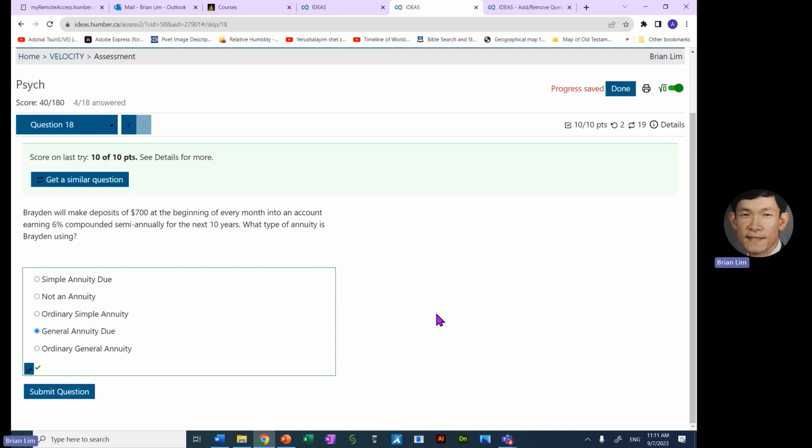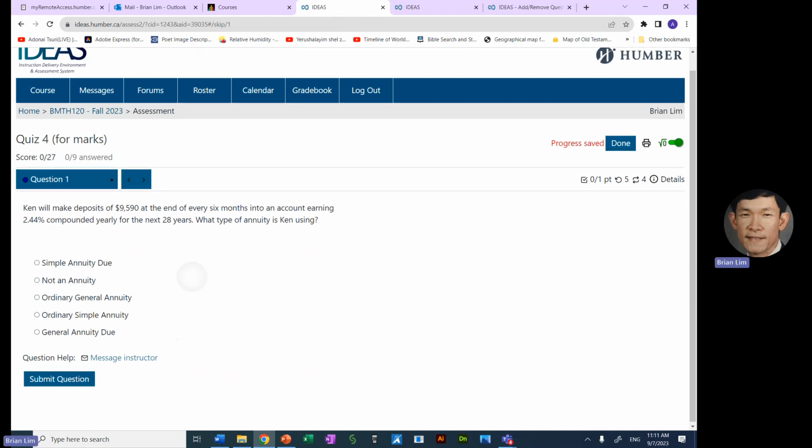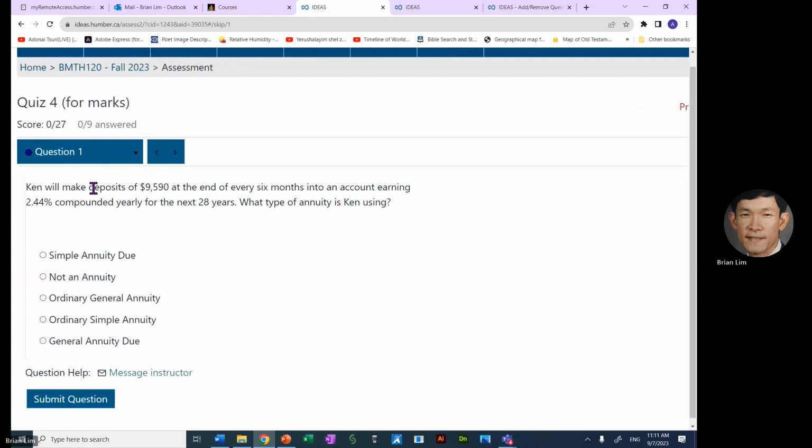And there we are. Now we can try a couple more examples. Here is one. Deposits are made at the end of every 6 months. What does that mean? Well, it's twice per year. So PY is equal to 2. And the compounding is yearly, so CY is equal to 1.